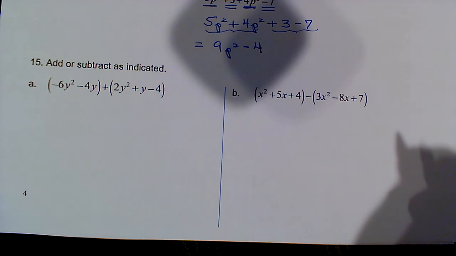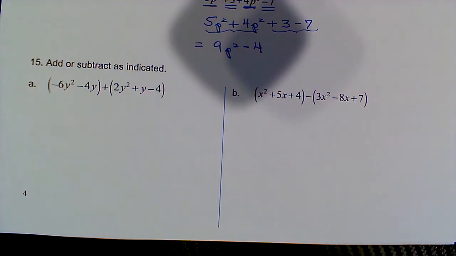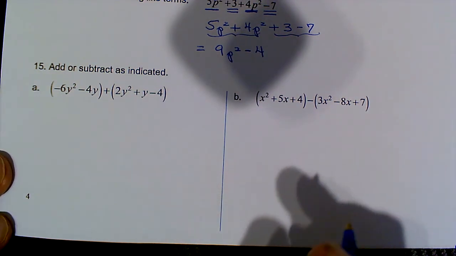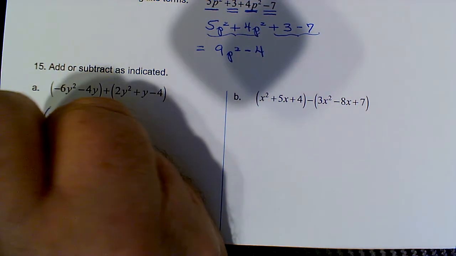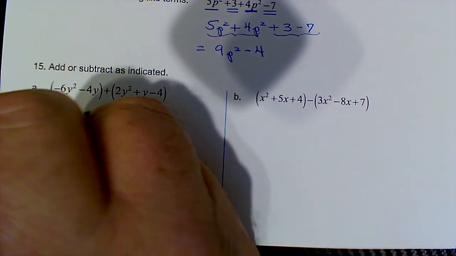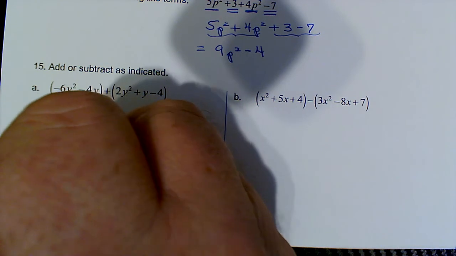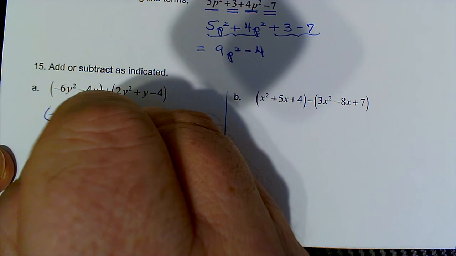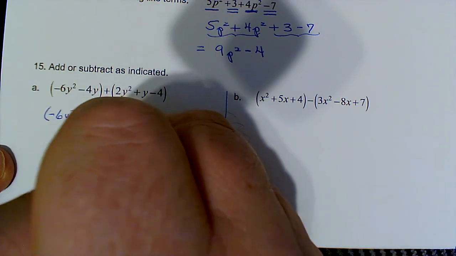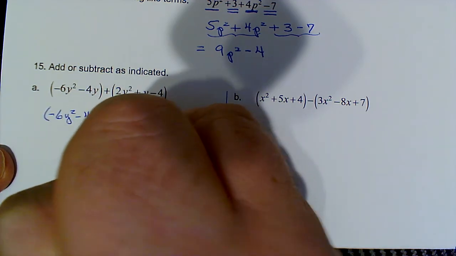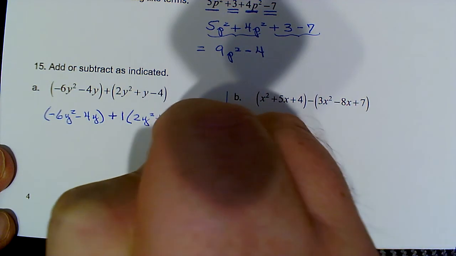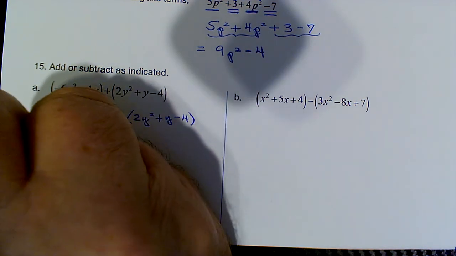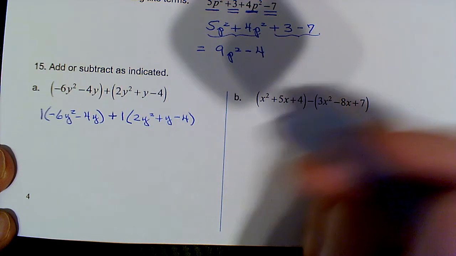Here are some questions of adding and subtracting polynomials. And so the thing about adding or subtracting polynomials, actually, let me recopy these. And what I'm going to do is, in front of the second polynomial, there's a plus and there's nothing written in front of it. So consider that to be a 1. And in fact, also consider that in front of the first set of parentheses is really a 1 also, if it's not written.